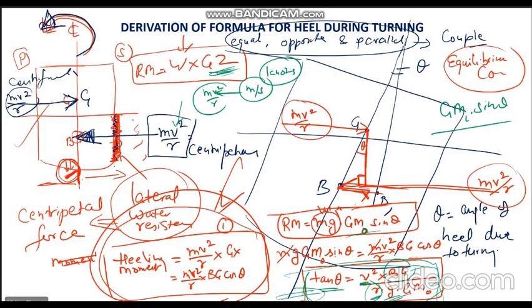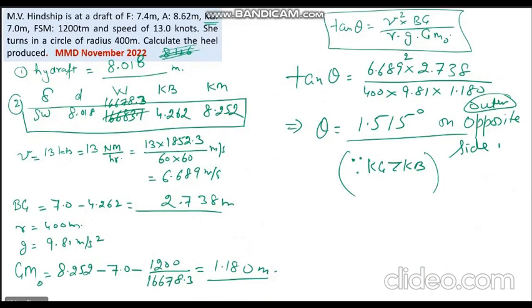So don't always say that ships have to heel outwards only. But if somebody asks why ships heel outwards, that means he is asking why generally they heel outwards. That is because generally KB is less than KG. Correct? Out instead of outer. Yes, sir. I don't think this question needs discussion, right?